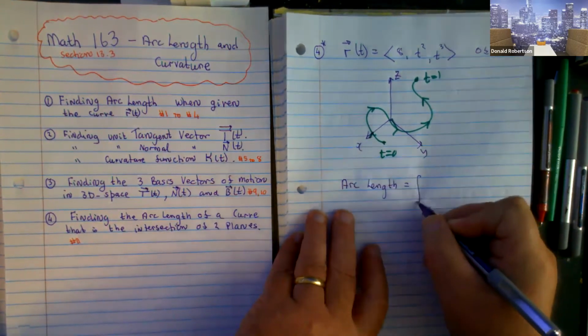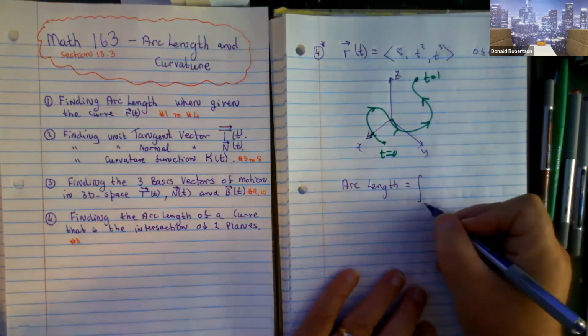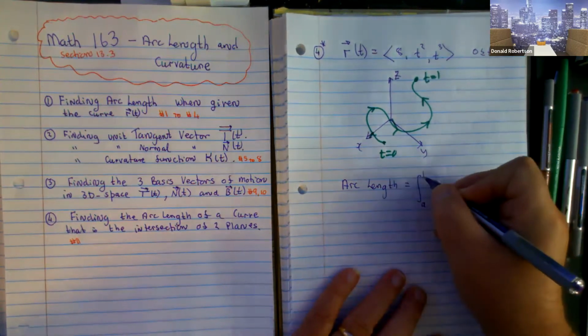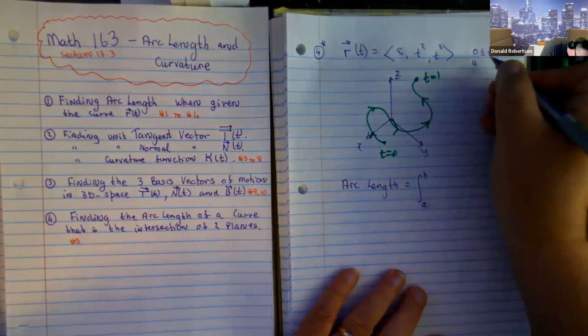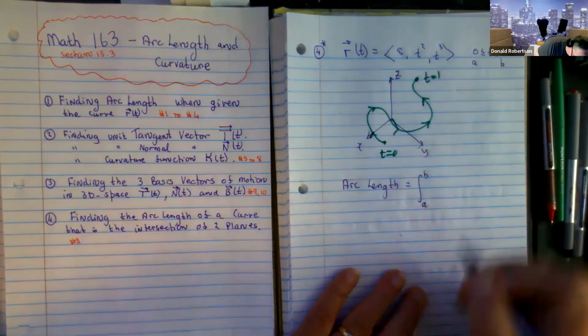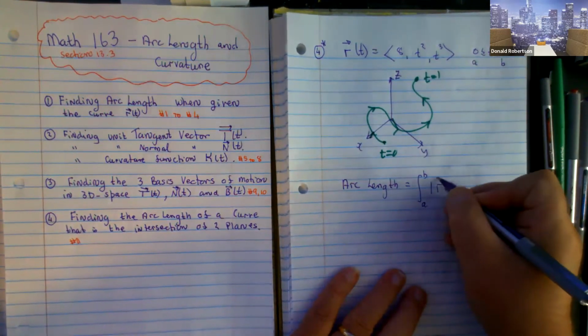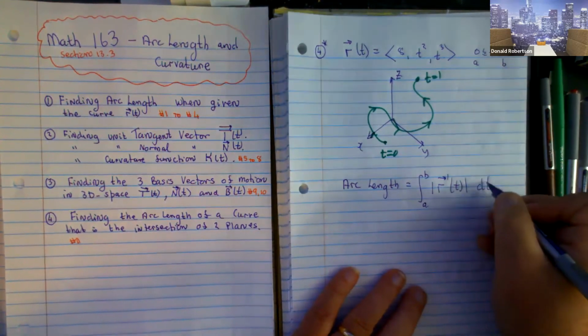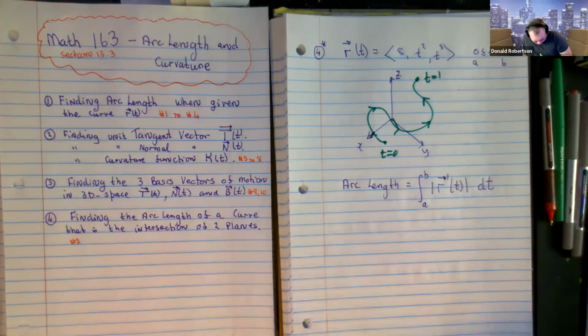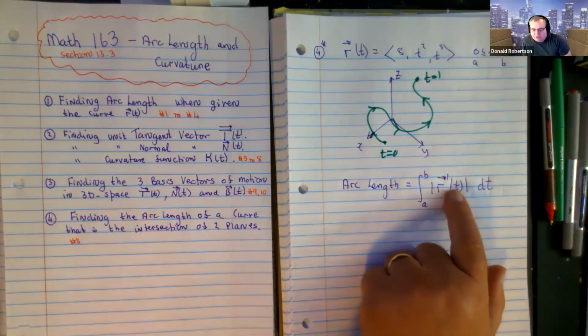is the integral, calc 2 integrals, from a to b, where the start value of t is a, and the finish value is b, of the magnitude of the first derivative. And most of the problem is going to be an algebra issue, to be able to integrate something.